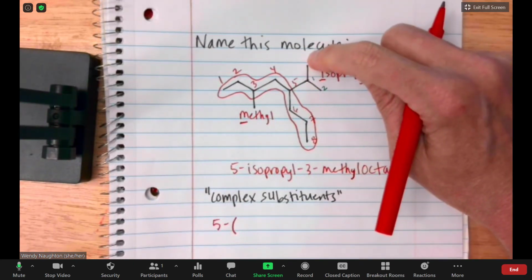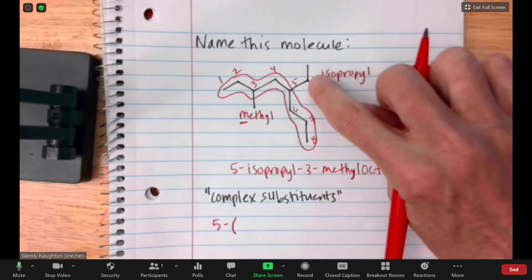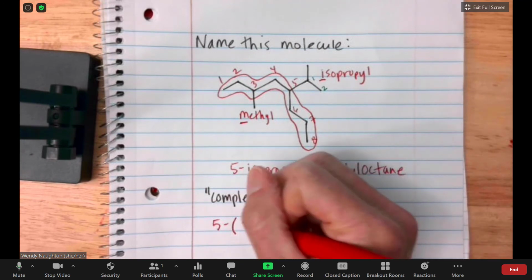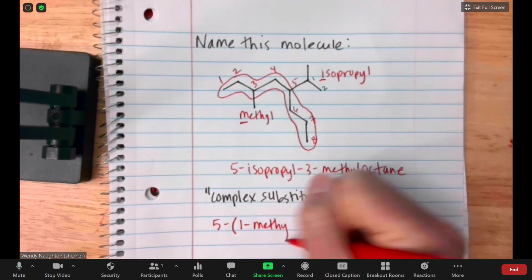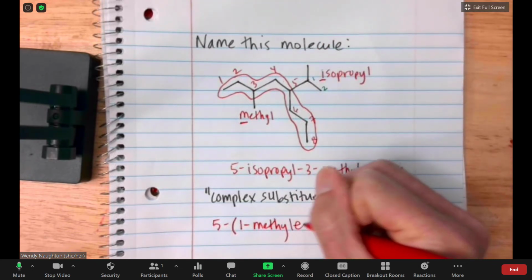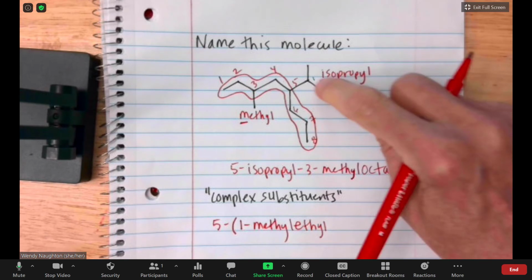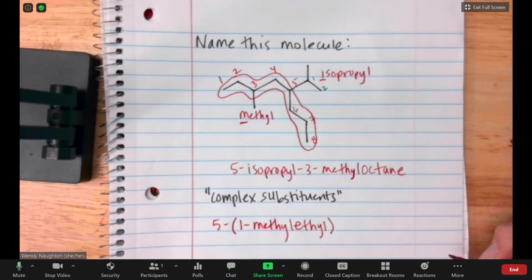And you would say, well, I have this methyl group hanging off of this chain, and it's attached to the first carbon of the ethyl, so it would be 1-methyl, treating this carbon as a little mini substituent, and then you would say ethyl, and that describes the rest of this substituent, and you end your parentheses.